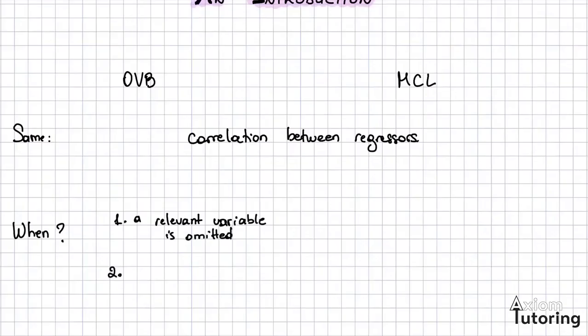The second is that the omitted variable is correlated with an included variable.